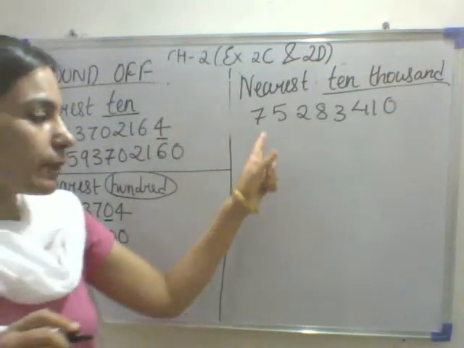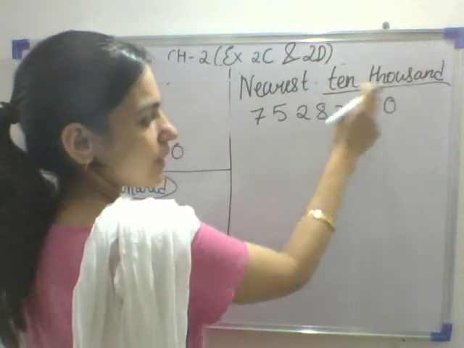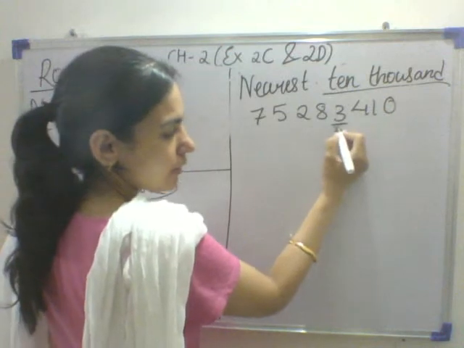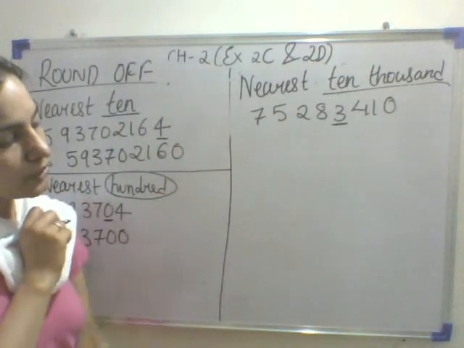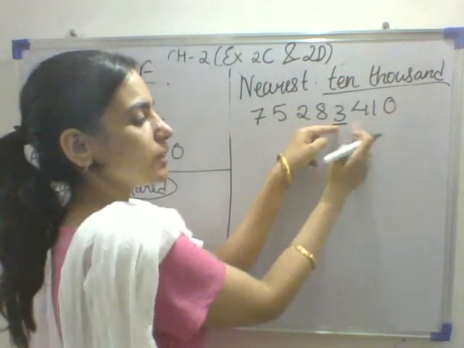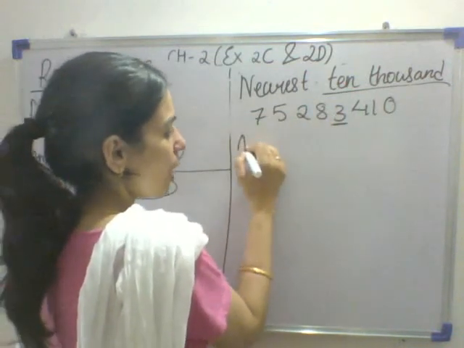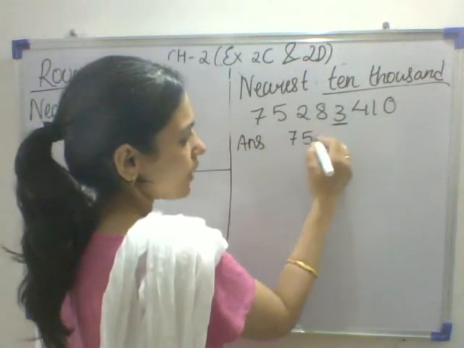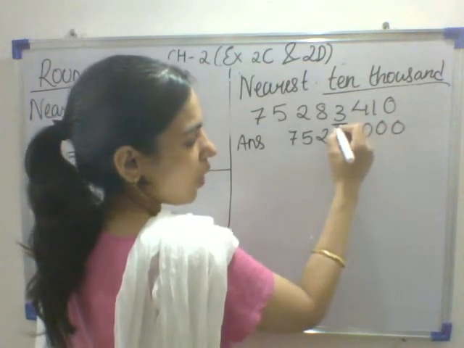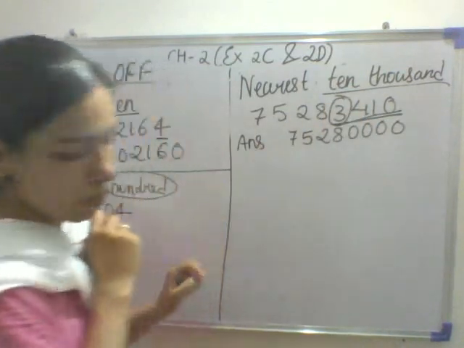You have to round off to the nearest 10,000. So see the digit at the thousands place. Ones, tens, 100, 1000. 3 is there at the thousands place. If the digit is less than 4, all these digits, ones, tens, 100 and thousands place, will become 0. So our answer will be 752830,000, because this digit is less than 4.